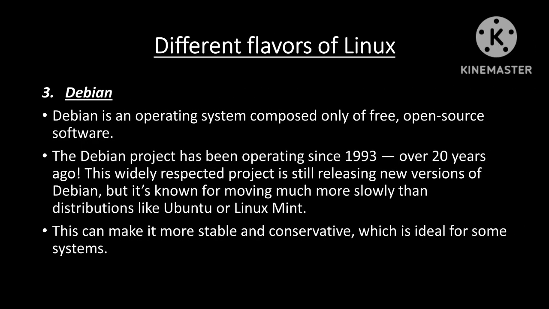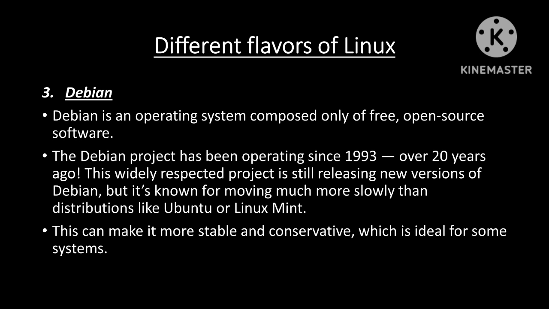Then number 3 is Debian. Debian is an operating system composed only of free open source software. The Debian project has been operating since 1993, over 20 years ago.